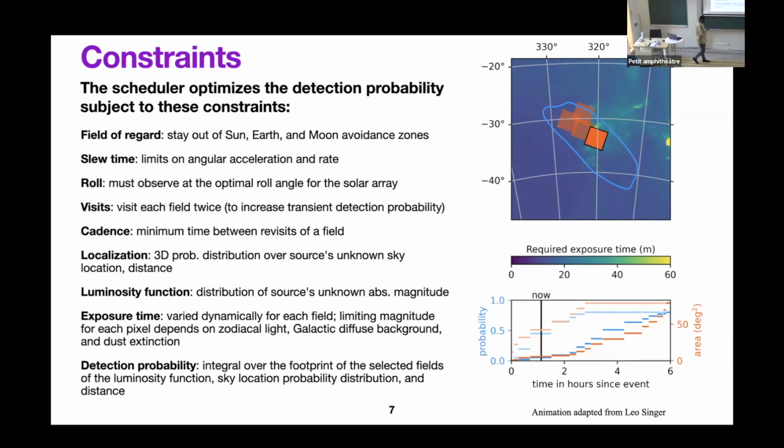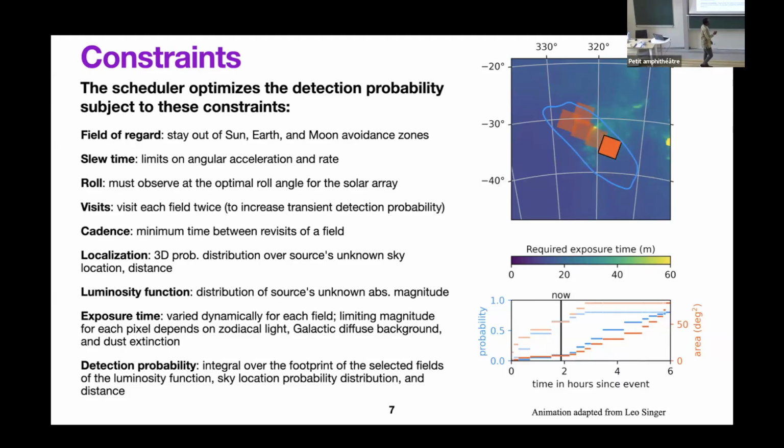Also, I will come back to the exposure time, to be sure that we are on the same point. I talk about the dynamical optimization. That means for each field, we calculate a specific exposure time based on the local background, and also the zodiacal light, the galactic background, and also the dust extinction.